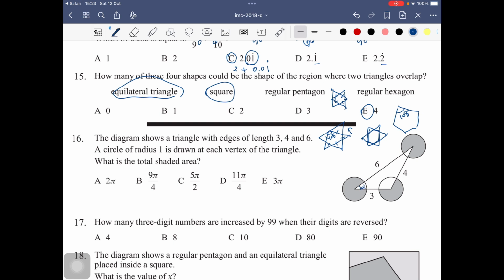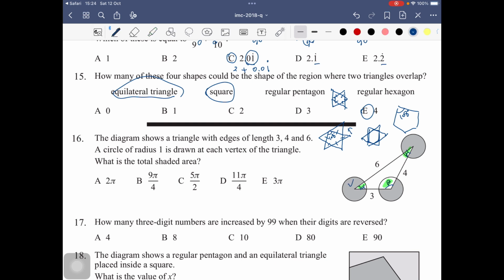When we call this alpha, beta, and gamma, the measurement of the angle alpha plus beta plus gamma is 180 degrees, which is the area of the sectors here, here, here. When we add them together, it is like a semicircle.